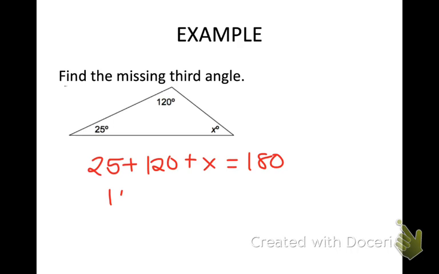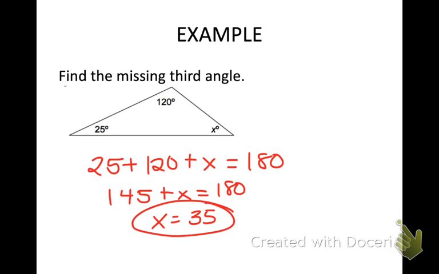That gets me 145 plus x equals 180. So x is equal to 35. 35 plus 145 is 180.